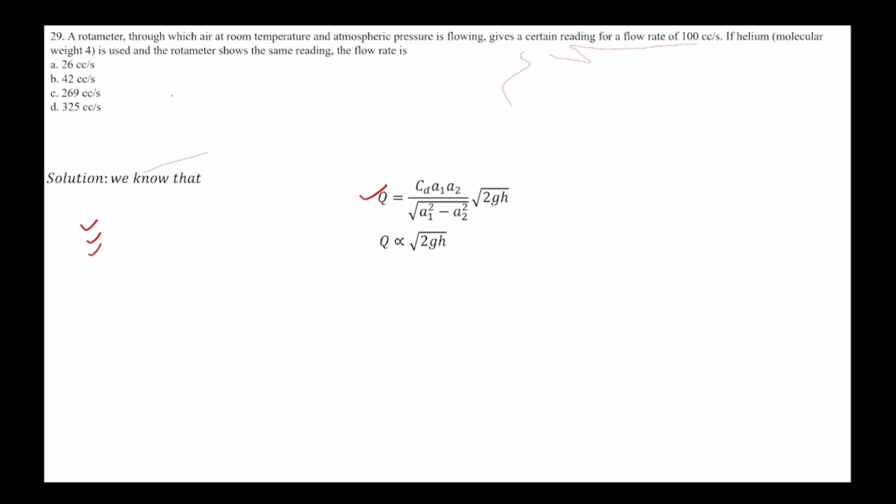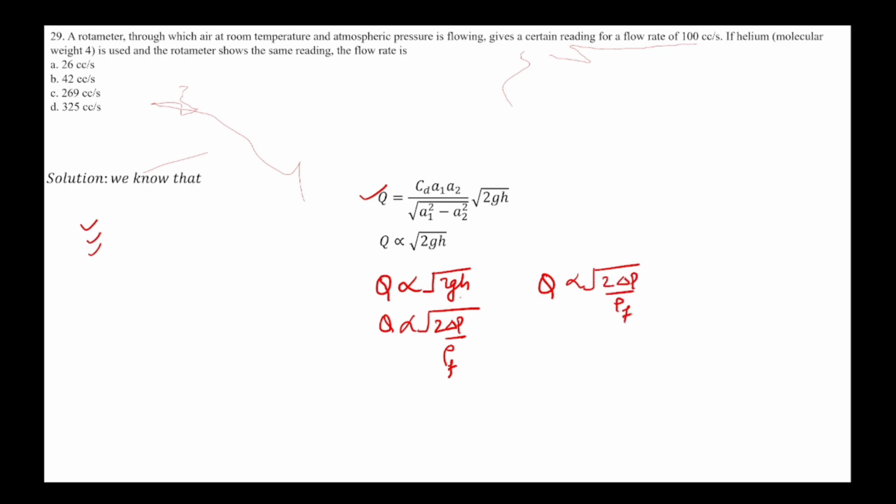I don't know for certain the formula used in this question, but Q is directly proportional to root 2gh. Q is directly proportional to root of 2 delta P by rho, where rho is the flowing fluid density. So Q is directly proportional to root of delta P by rho F, right? Rho of fluid.